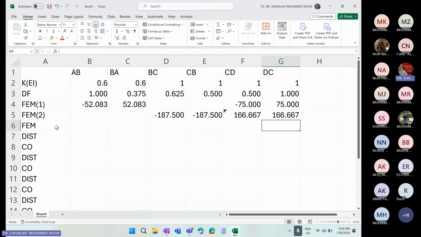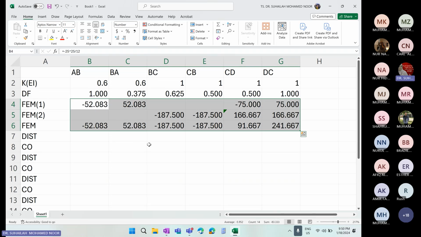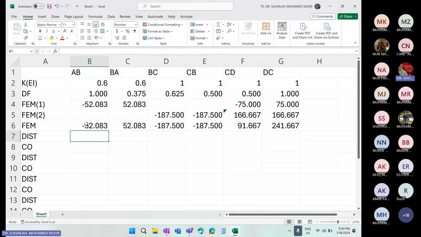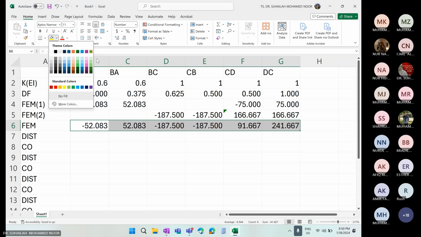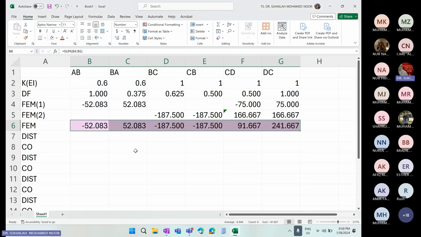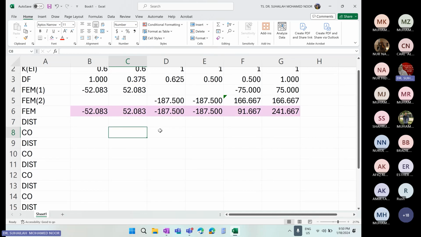Okay, so for FEM, we total all of this: the combination of external loading and support settlement.